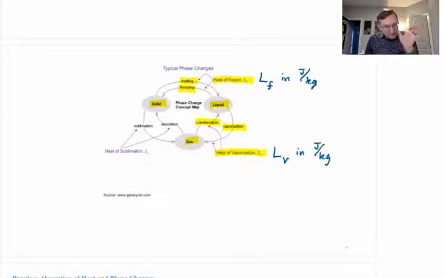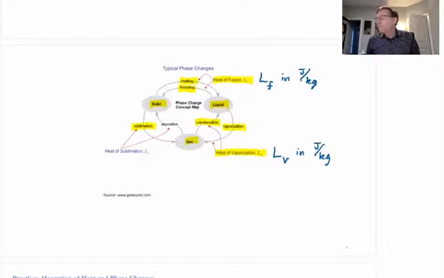Now, the last combination of phases is solid and gas. You may not be quite so familiar with phase changes between those two directly, but they can happen. To go from a solid directly to a gas, that phase change is called sublimation.